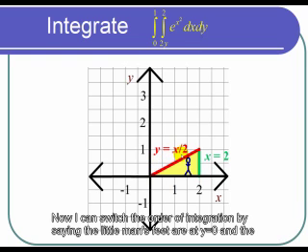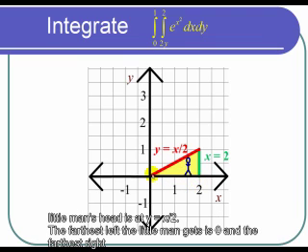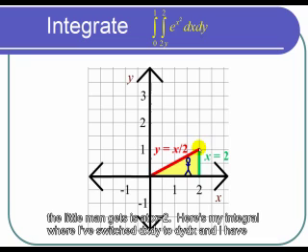And now I can switch the order of integration by saying the little man's feet are at y equals 0, and the little man's head is at y equals x over 2. And then the farthest left the little man gets is 0, and the farthest right is at x equals 2.